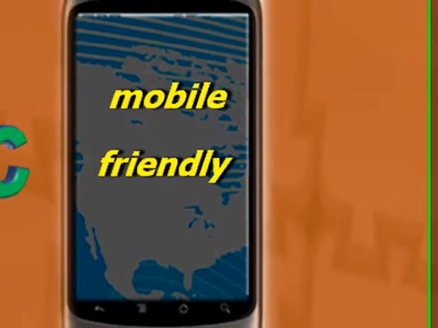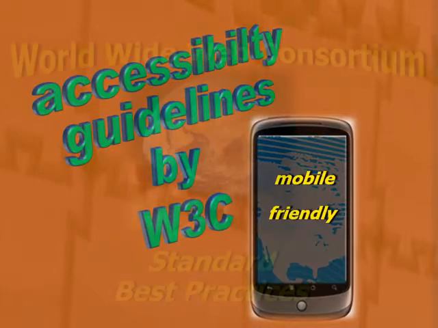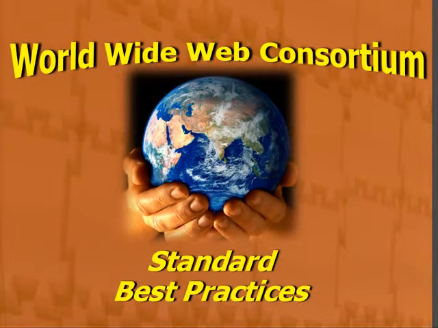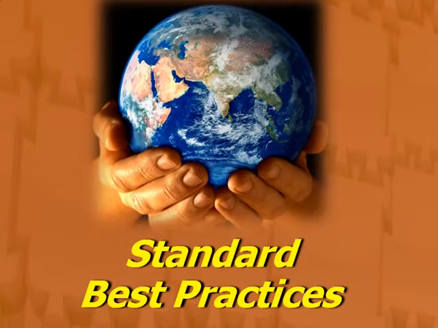Rather, it must be made mobile friendly, which means it should follow the accessibility design guidelines as prescribed by the W3C. The W3C is the World Wide Web Consortium, which is an international community that issues standard best practices so mobile web applications will work across many platforms and many devices.